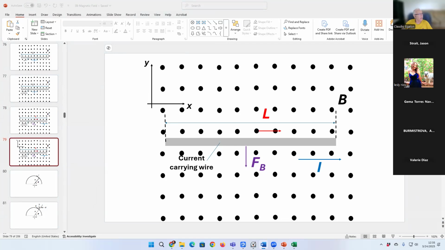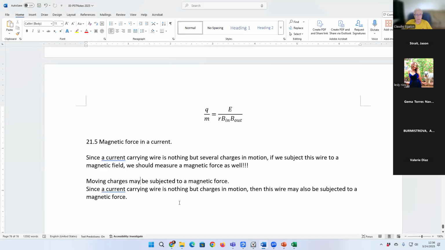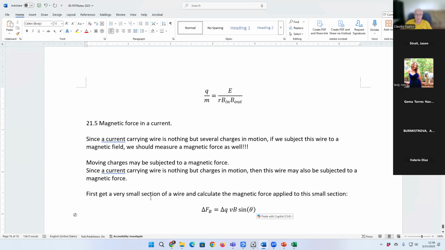And the way we do that is like the following. We get a very small section of the wire and calculate the magnetic force applied to this small section.